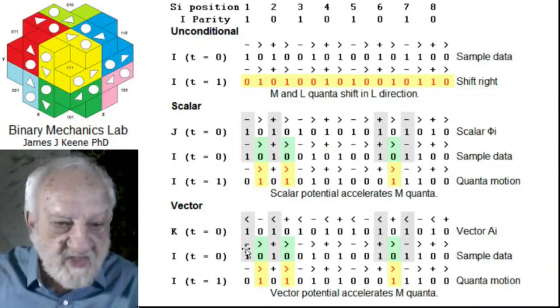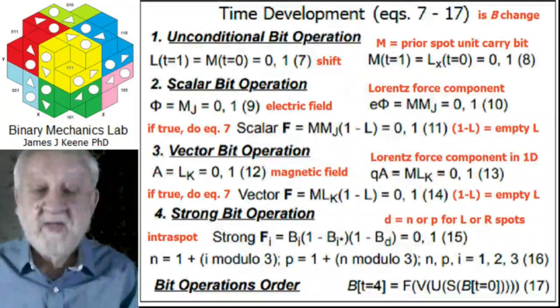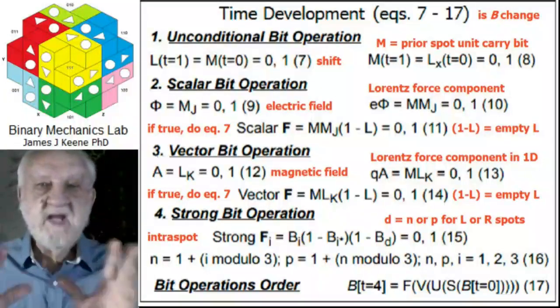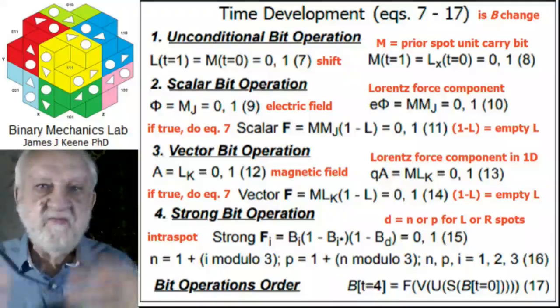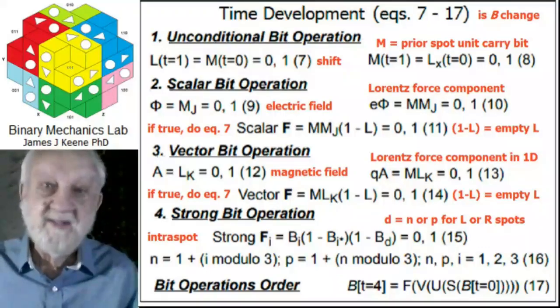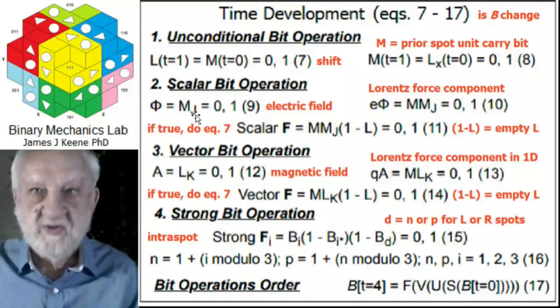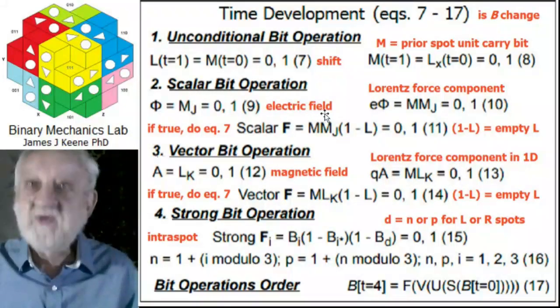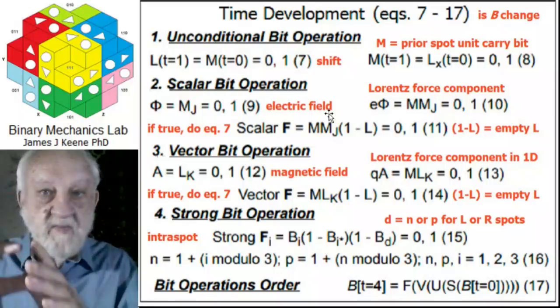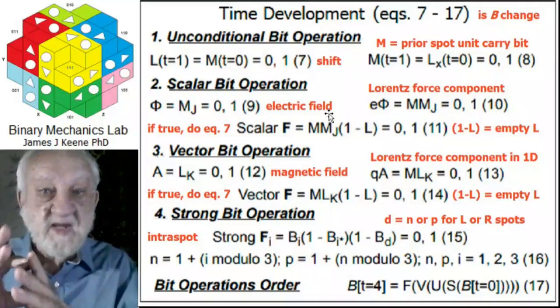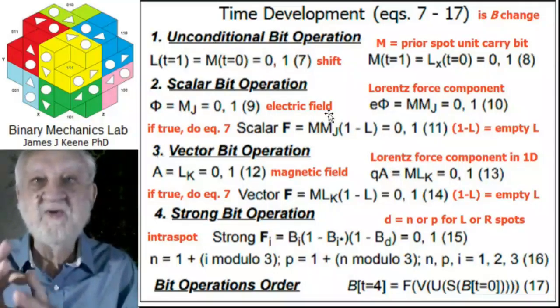And the same thing occurs in the example shown for the vector bit operation. People can ask, is binary mechanics a sort of field theory? Well, yes. We have defined that all of the M loci are the electric field. Not all elemental volumes of space have an electric field.